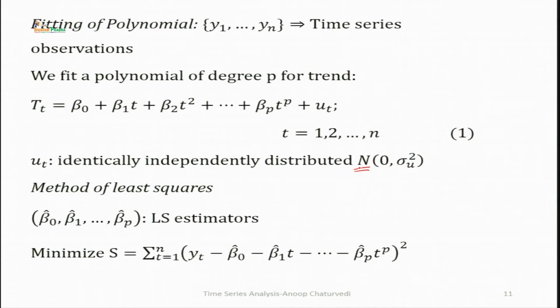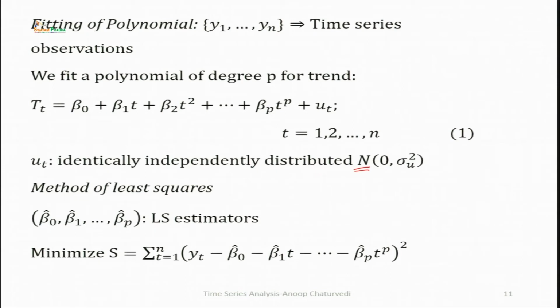Then again, in the method of least squares, we obtain the values of beta naught hat, beta 1 hat, and so on up to beta p hat, by minimizing S equal to summation t equal to 1 to n of y t minus beta naught hat minus beta 1 hat t minus so on minus beta p hat t to the power p, whole square.